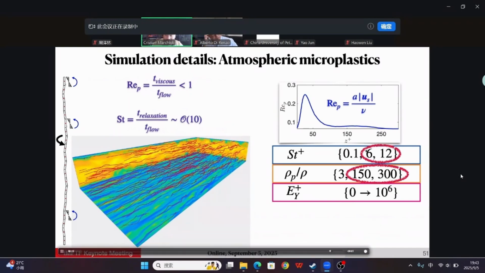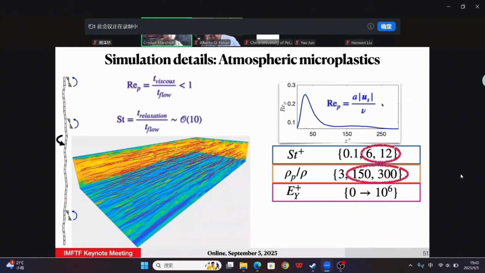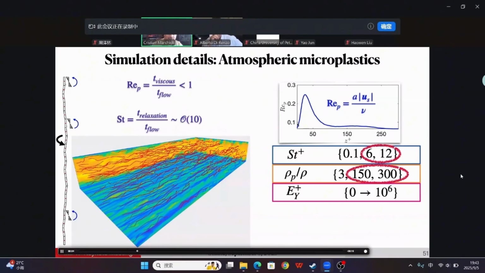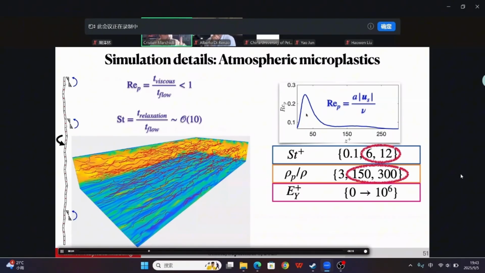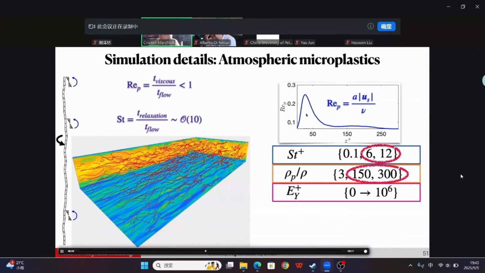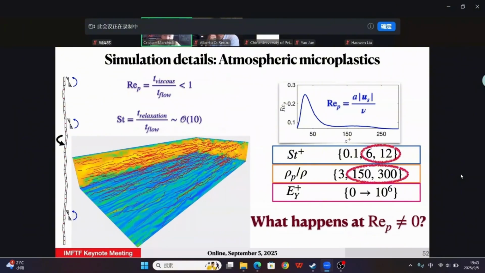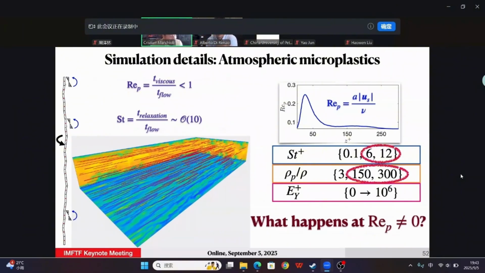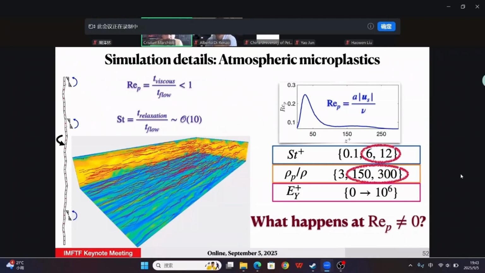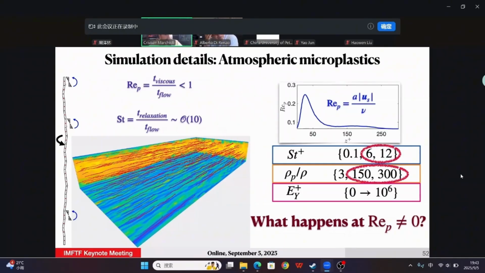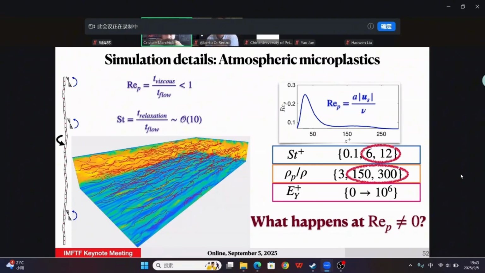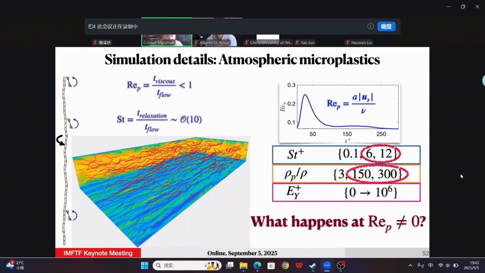That means that we have to increase the Stokes number, and more importantly, our particle Reynolds number will not be zero. So we are moving outside of the range of validity of the Jeffery torques. So the equations that we were using before must be corrected, right? And this is exactly the point. We are moving into a regime when the particle Reynolds number is not zero anymore, and we need to do something. And this something is to correct the Jeffery torques.